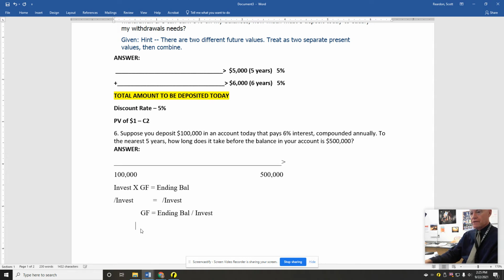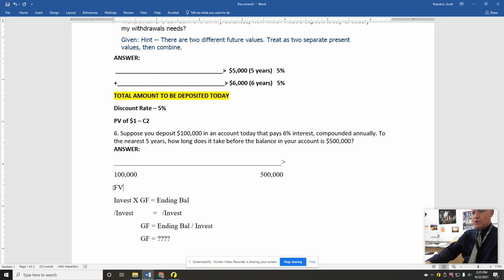Once you figure out what that growth factor is, you need to go to your table. Hello, Reardon. All right. What table are we talking about? Well, we're casting into the future. How many deposits did we make? Well, I'll just say this. We're talking about the future value of $1. We're just making one investment. We're talking about table C1.